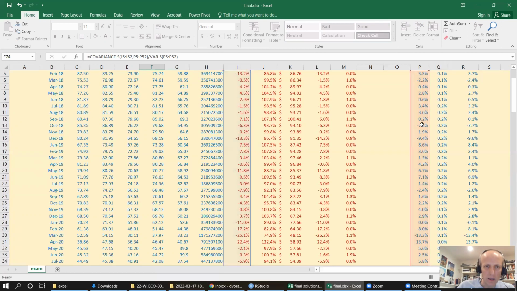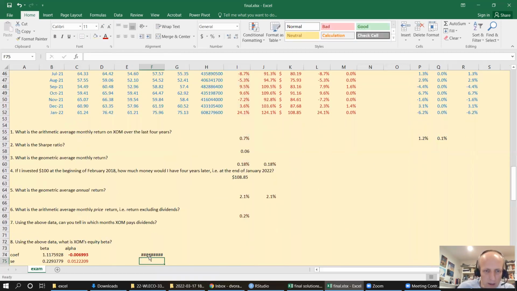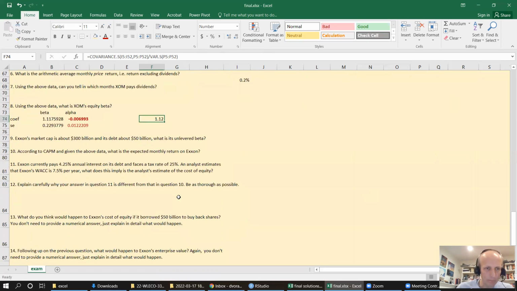And I can hit enter, and let's see how this is formatted. Let's make sure that it's just a number. It's 1.112. That is Exxon's beta using these 4 years of data.